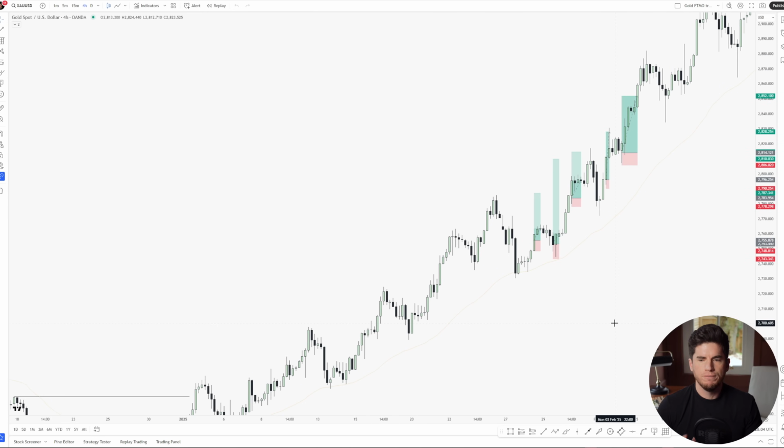Now, some of these are 15-minute entries, which is 90% of my bread and butter. I usually like to use the daily for directional bias, liquidity and trend, 4 hour for confirmation of the daily liquidity and trend, and then the 15 for time frame alignment in conjunction with the 4 hour and daily, and then entry on that 15-minute, targeting either 15-minute, 4 hour or daily highs.